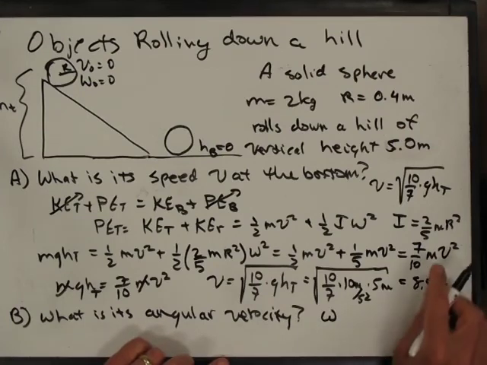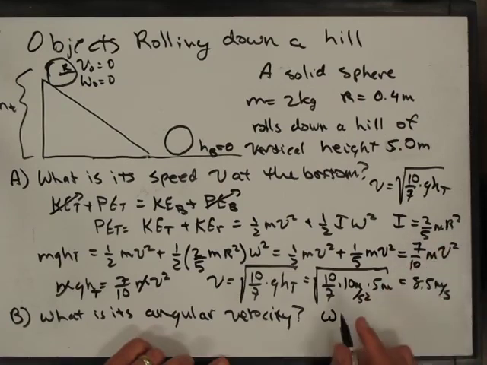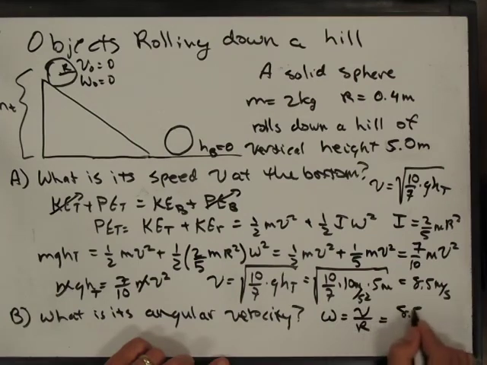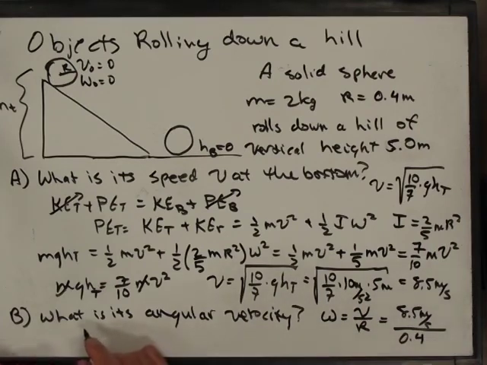Since v is equal to omega times r, omega is equal to v divided by r, which is 8.5 meters per second divided by 0.4, which is about 21 radians per second. Slightly more than that.